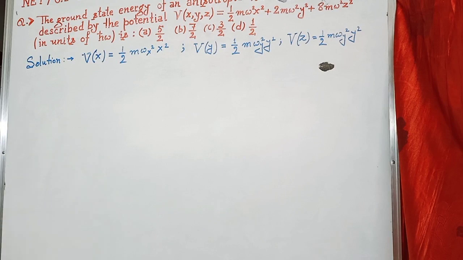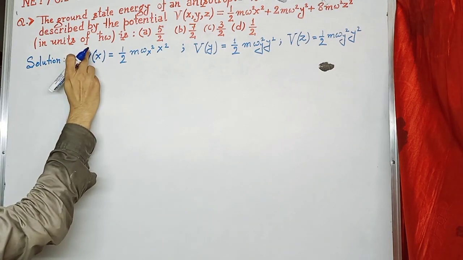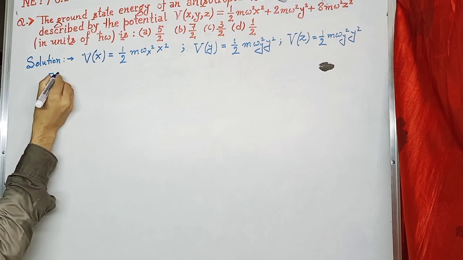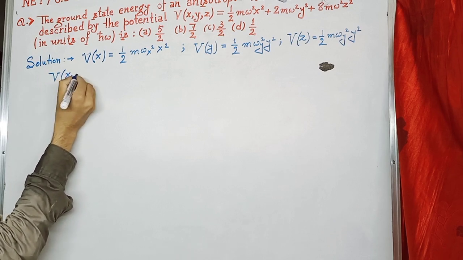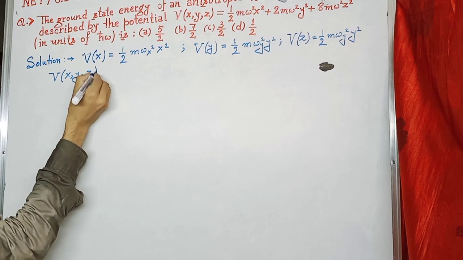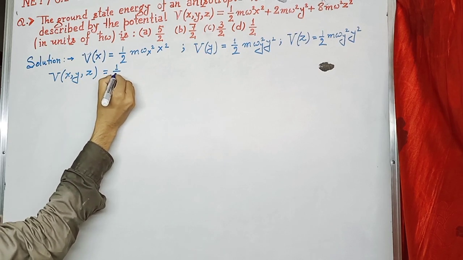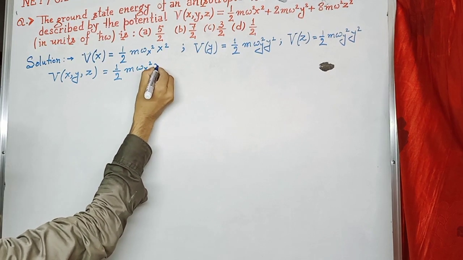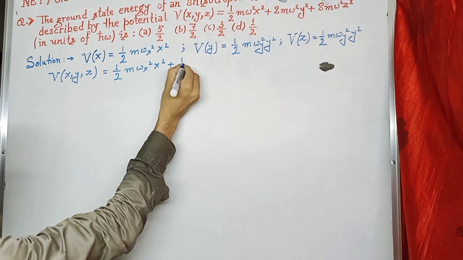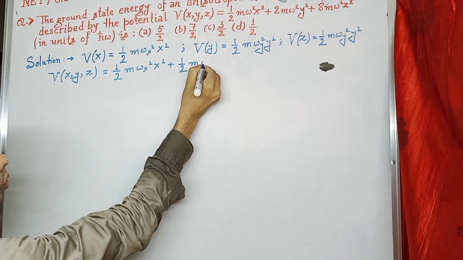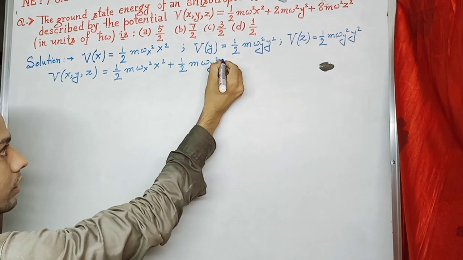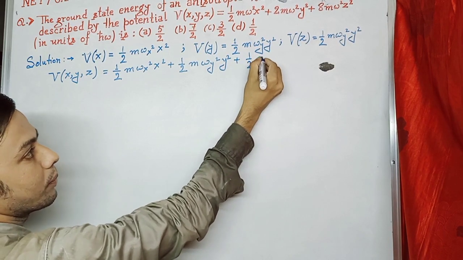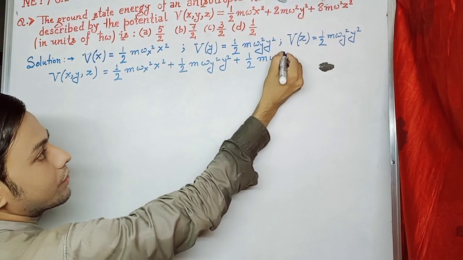So if we combine these three, the potential in the three-dimensional coordinate system will be V of x, y, z equal to half m omega x square plus half m omega y square plus half m omega z square.